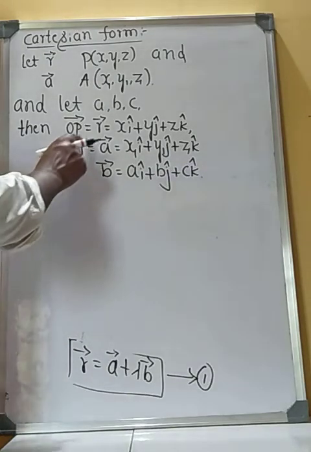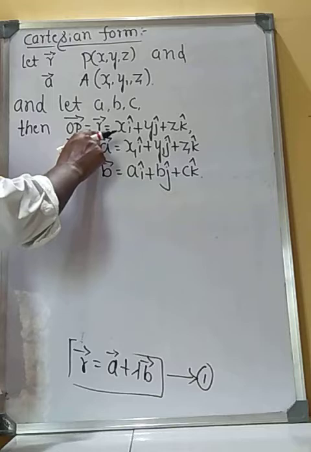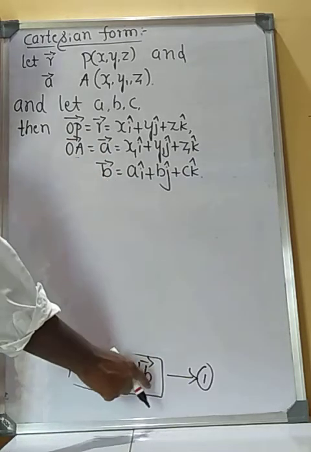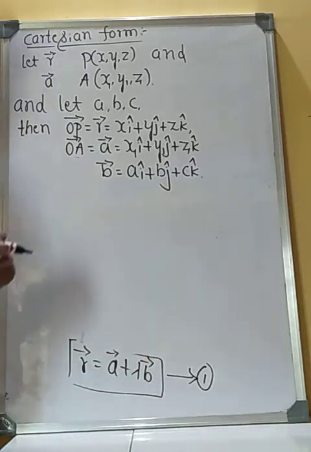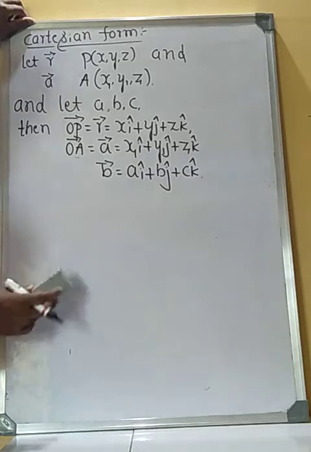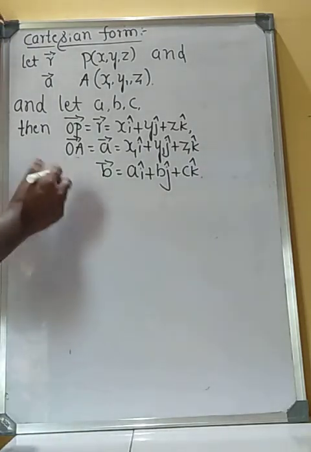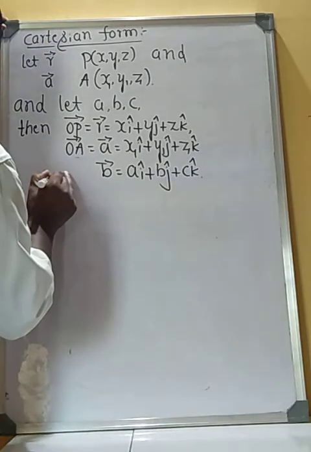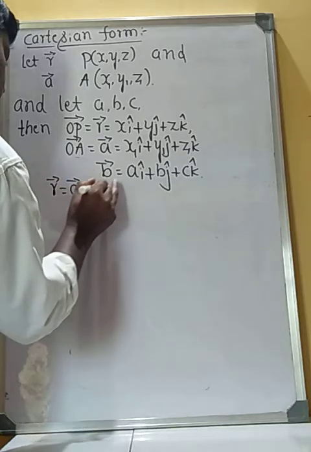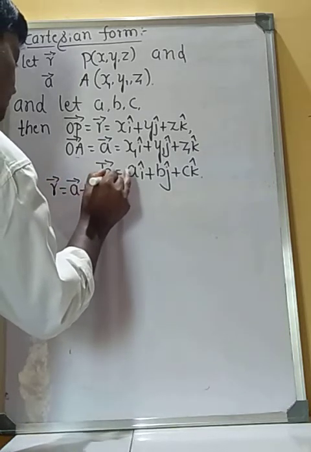Substitute the values of vector R, vector A and vector B in equation 1, that is, vector R is equal to vector A plus lambda vector B.